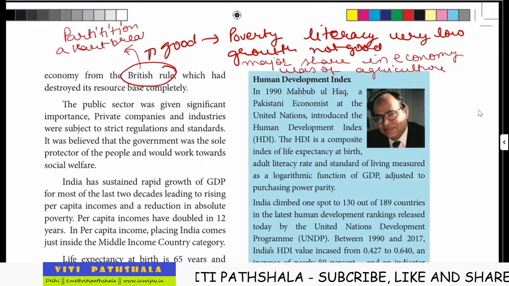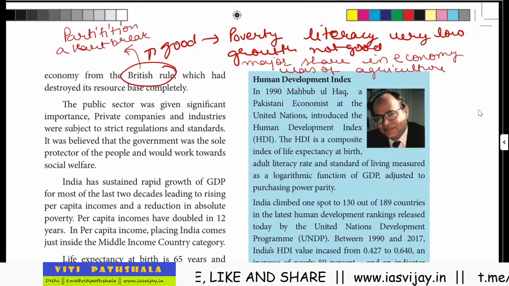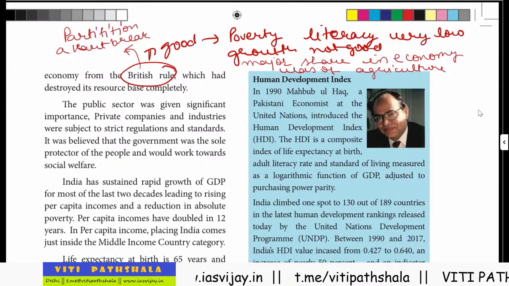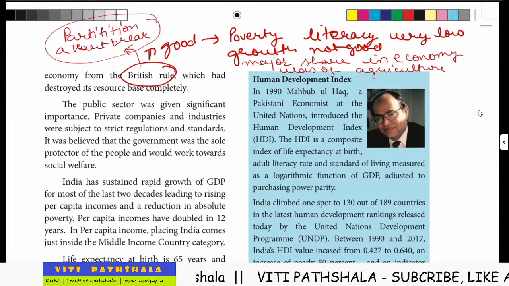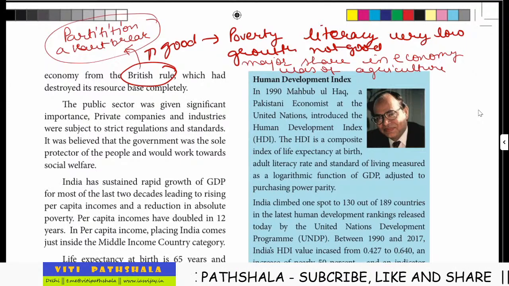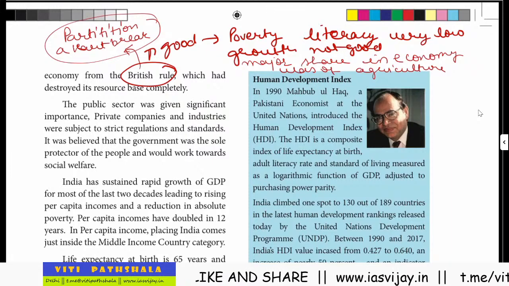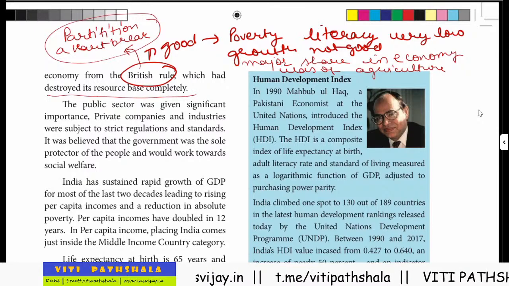The partition led to our prosperous agricultural land going to Pakistan. Our Kandla port went to Pakistan. So we were at a lower stage, at a loss, with our resource base destroyed completely.